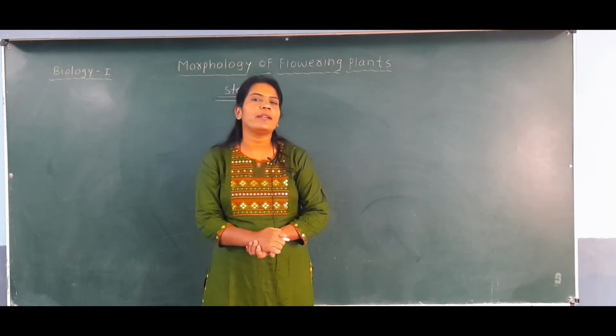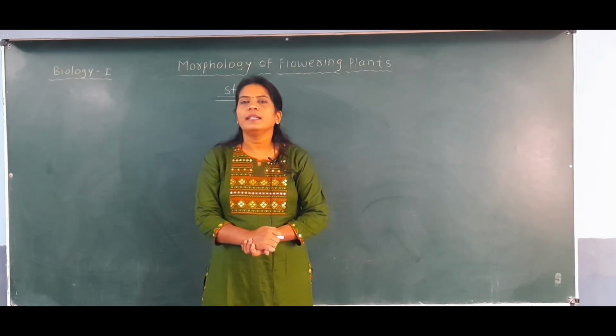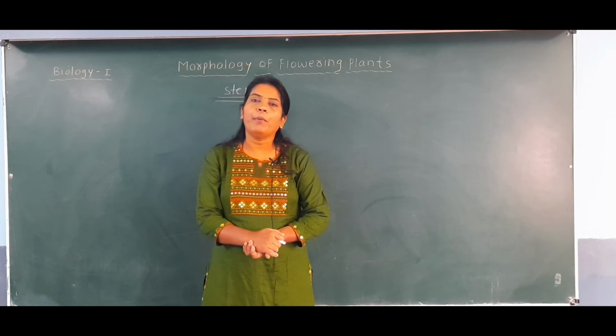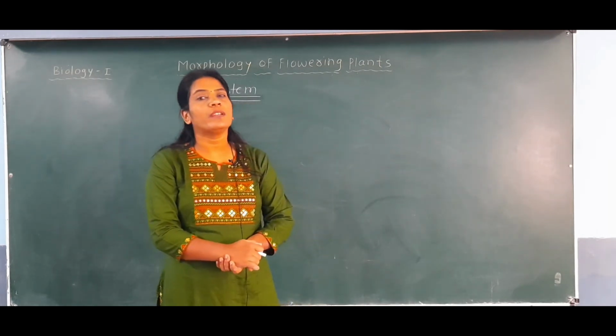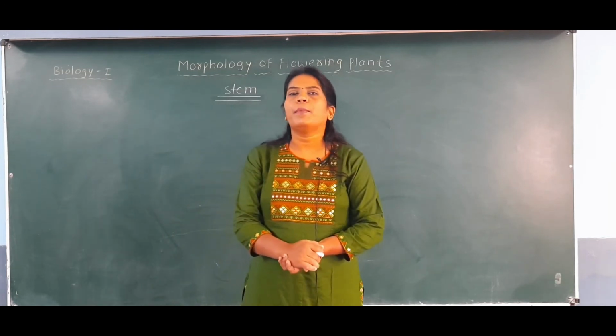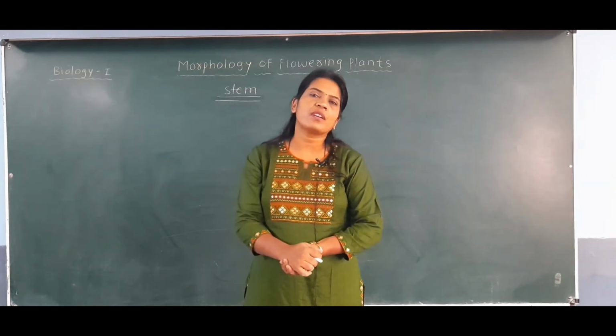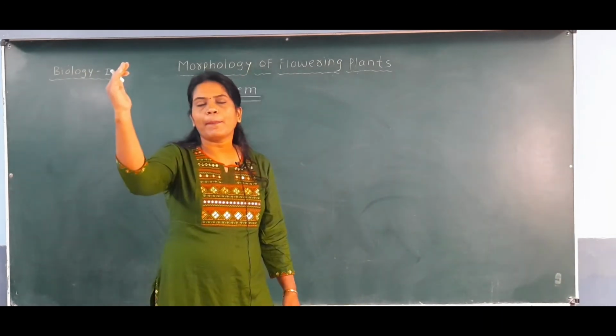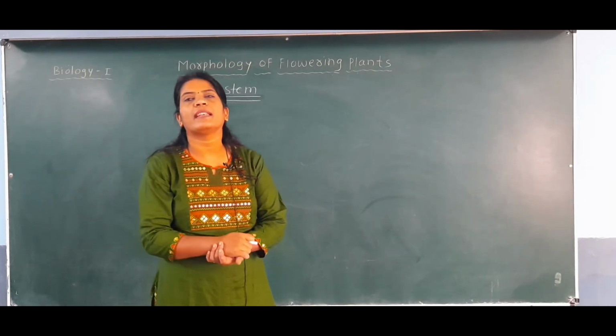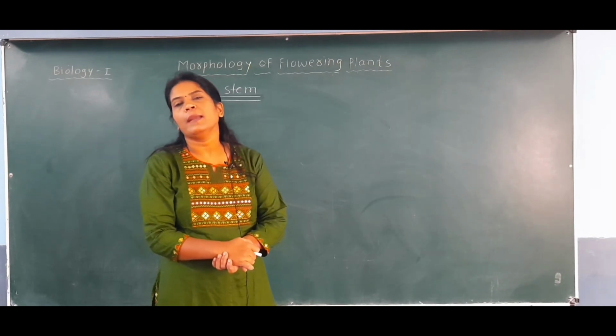Now the next point is that the stem has buds, because on the plant body you can observe the bud. And what is a bud? A bud means a small round structure, and these buds may be present at the terminal part of the plant, or they may be present at the axillary part of the plant.